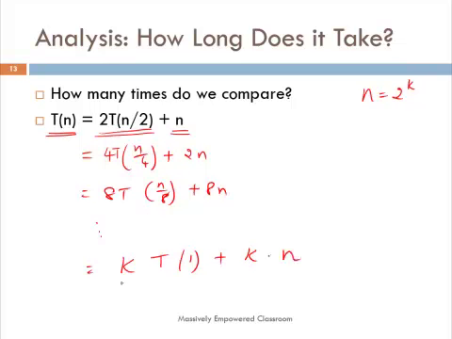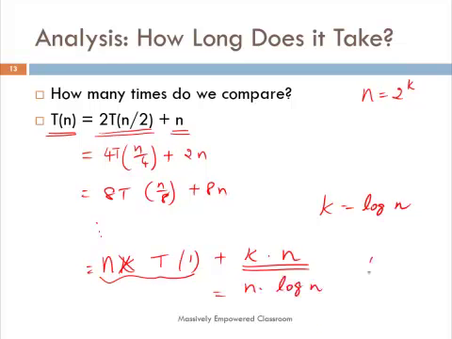So k is log n. Sorry, this is actually n, not k: nT(1) plus k times n. This factor is smaller; this is the larger one. So k is nothing but log n. We have already done such analysis. So this will be n log n, or we say merge sort's complexity is O(n log n).